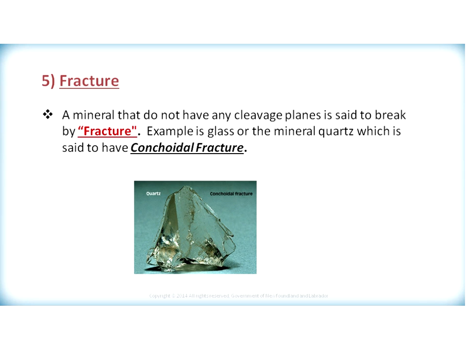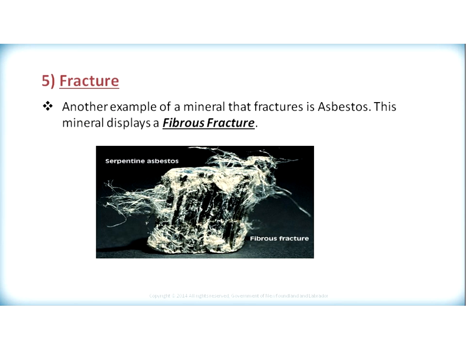If we look at fracture, a mineral that does not have any cleavage planes is said to break along a fracture. Examples are glass or the mineral quartz, which is said to have a conchoidal fracture. We can also have other types of fractures, as seen here in this mineral.